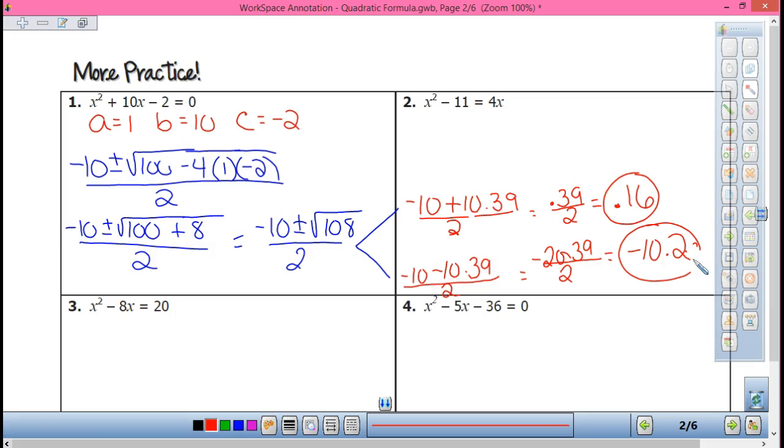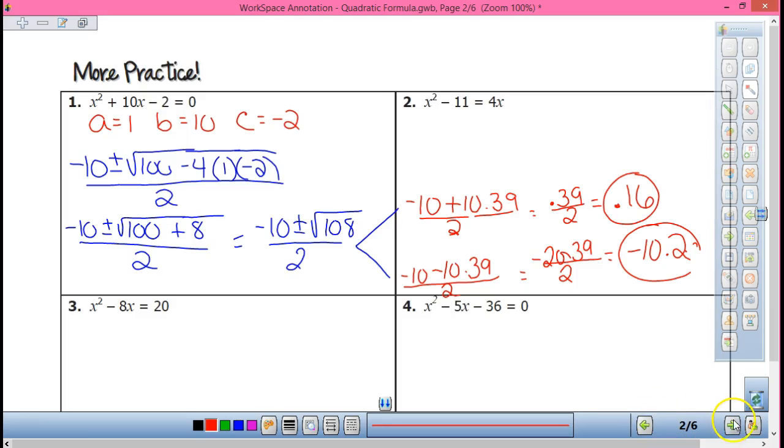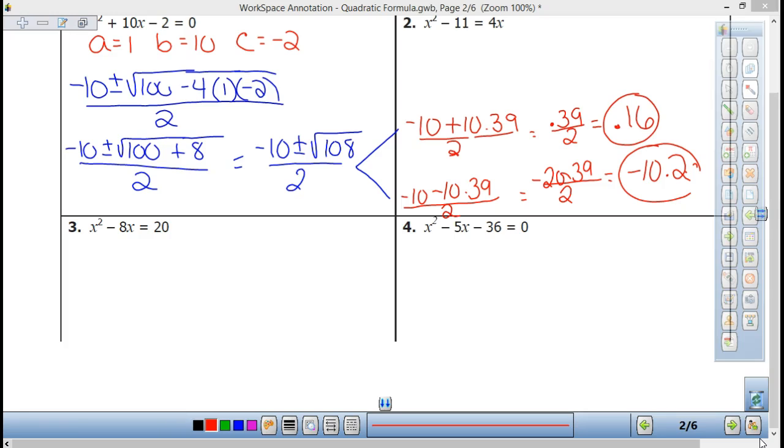Okay. All right. So since we went into box number 2, we're going to skip number 2. Let's go to number 3. Okay. What's wrong with number 3? It's not in standard form, right? So before you can do this, it has to be in standard form. So how am I going to get this in standard form? Subtract 20.